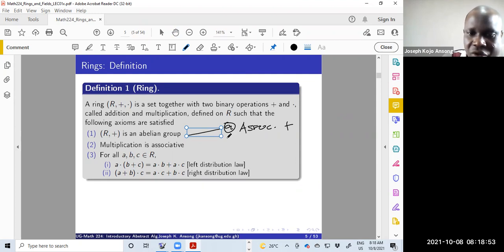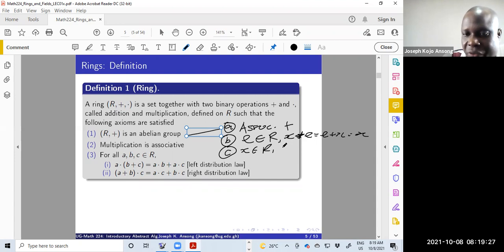It also means that for the set R, there has to be an identity element E belonging to R, such that if you take an element X in R, E plus X must be equal to X. If I pick any element X in R, that element must have an additive inverse, a negative of that, and negative X plus X will give me my identity.